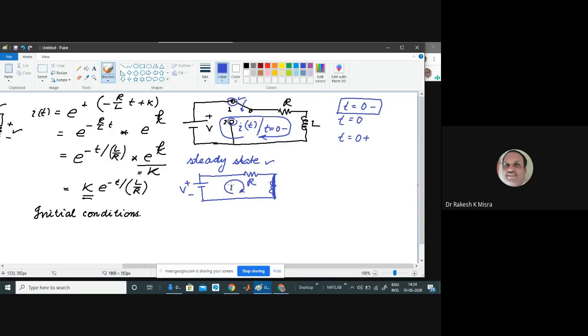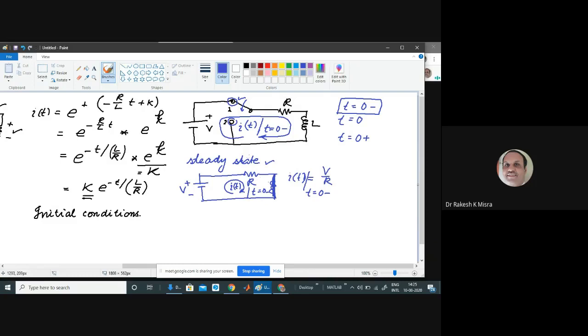This current we are calling i(t), that is at t equal to 0 minus, meaning the current in this circuit at this steady state, will be V by R.